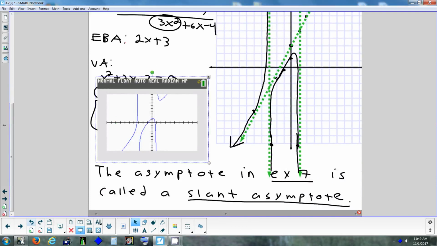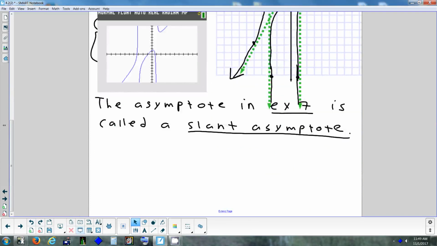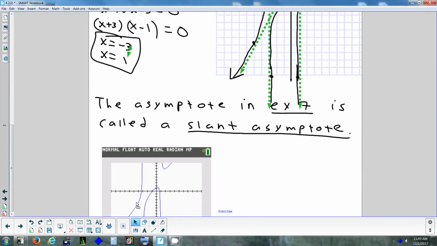Okay, so not quite as easy as the horizontal, not as bad as trying to sketch something with a parabola. It's in the middle. So that's probably a good one for the test. Okay, and that's called a slant asymptote. Any question on anything we did there?